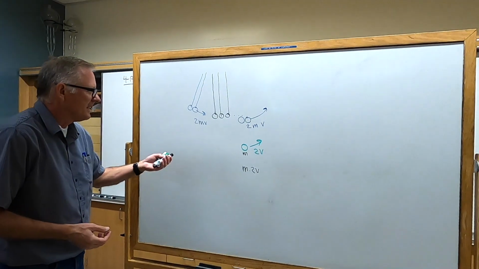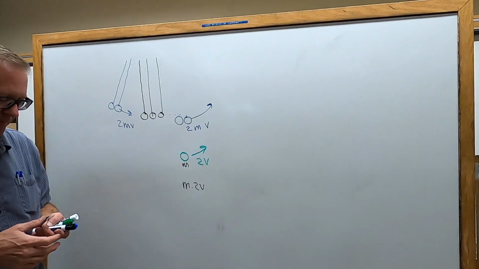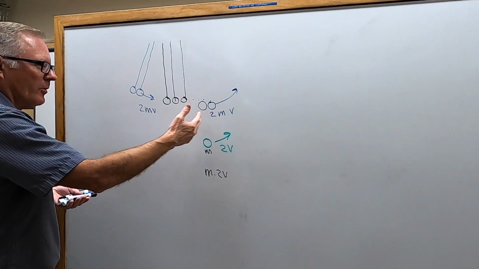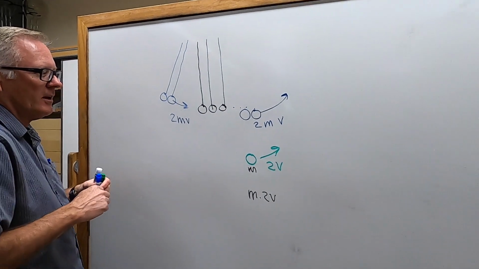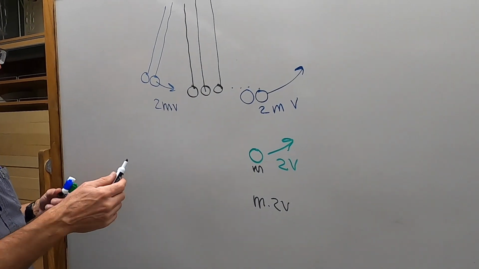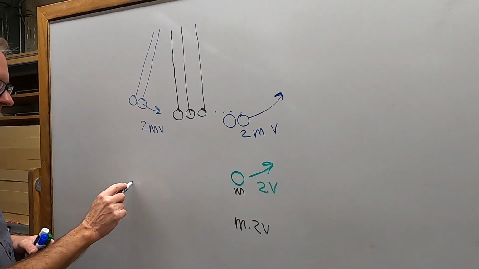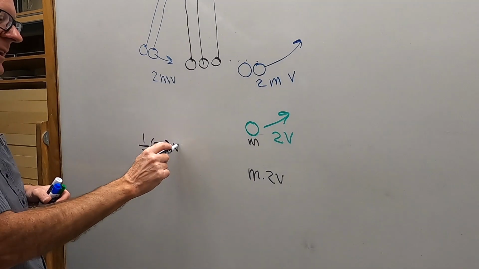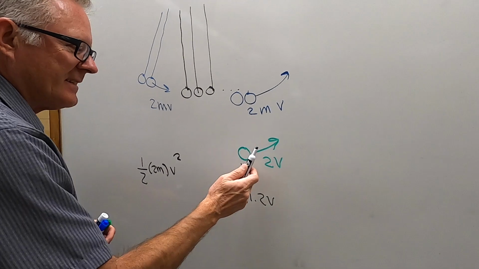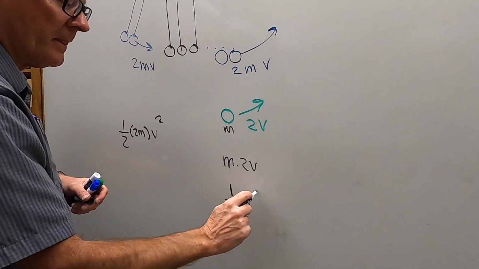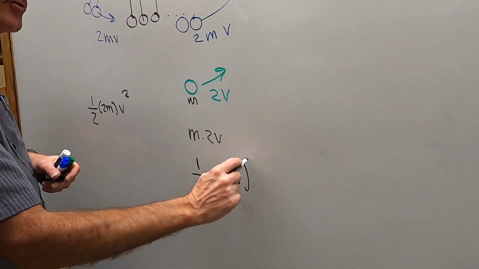Well, we said this was an elastic collision. If we look at this from an energy point of view, momentum is definitely conserved, but remember, energy is 1/2 mv squared. This one would have 1/2 2m v squared, whereas this one over here would be 1/2 m times 2v squared.